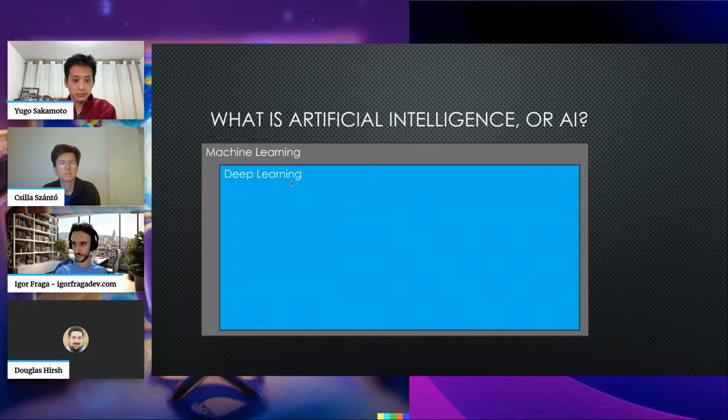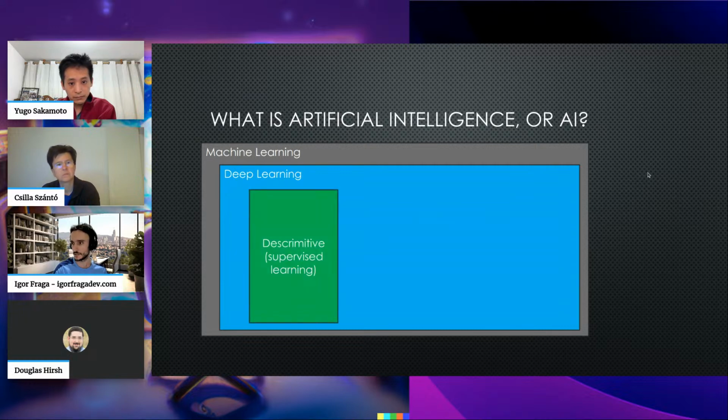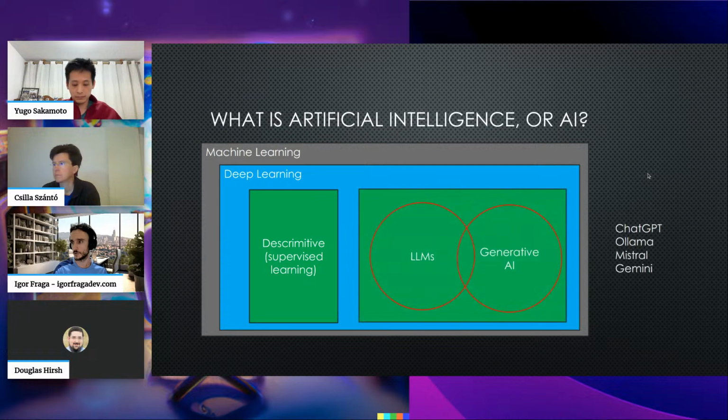And in deep learning we can have separate categories there: discriminative, which is supervised learning, and also the subject of today, LLMs and generative AI. These two are the most famous and trending ones for now.